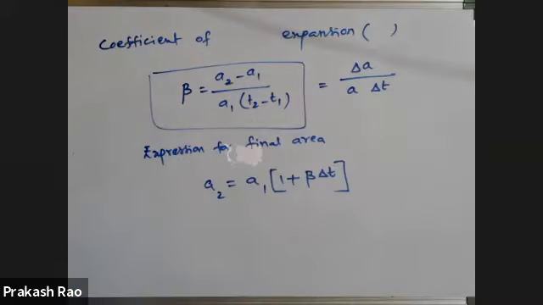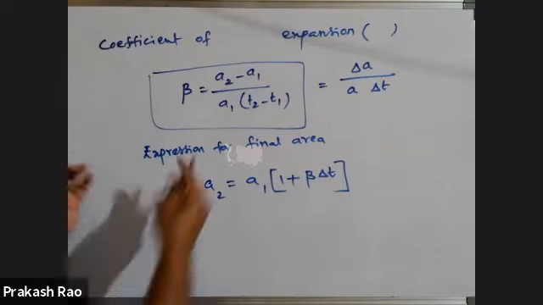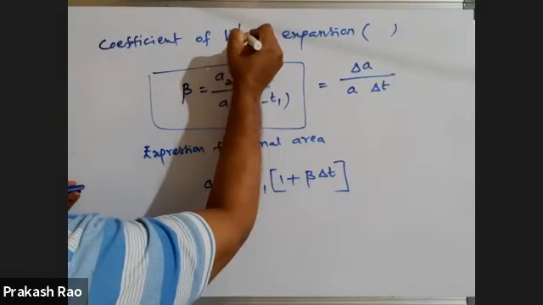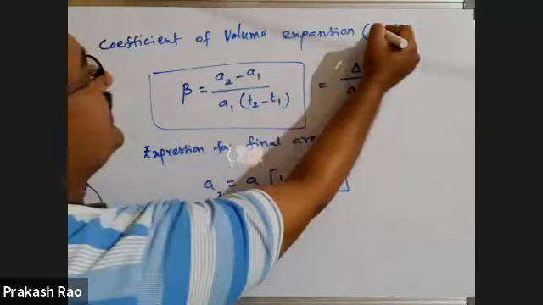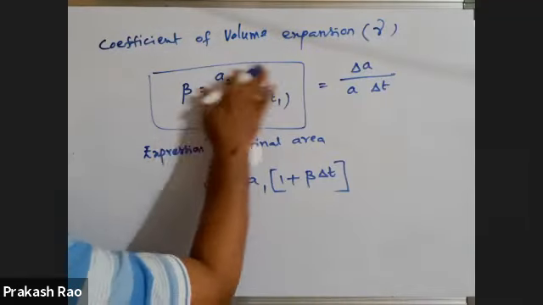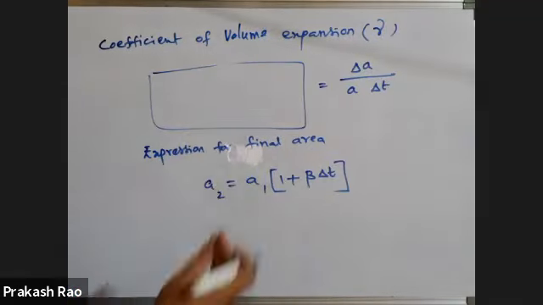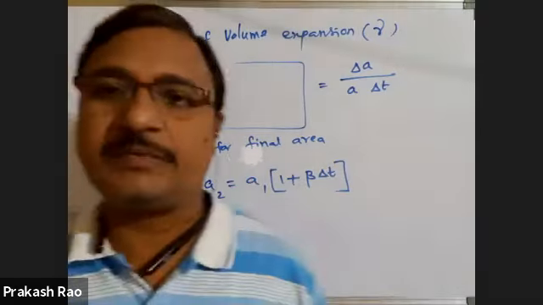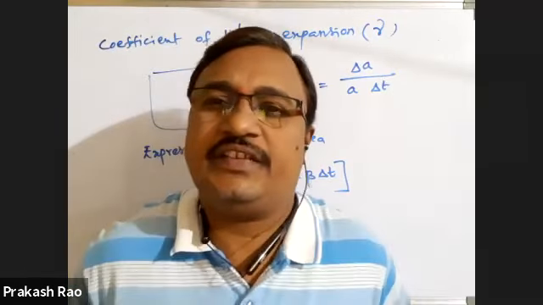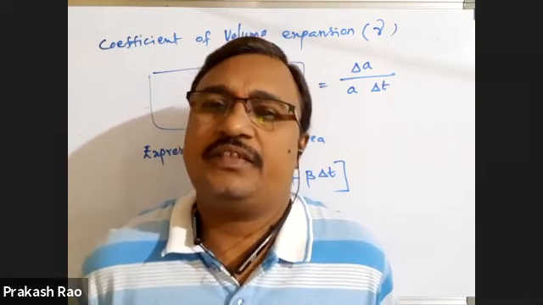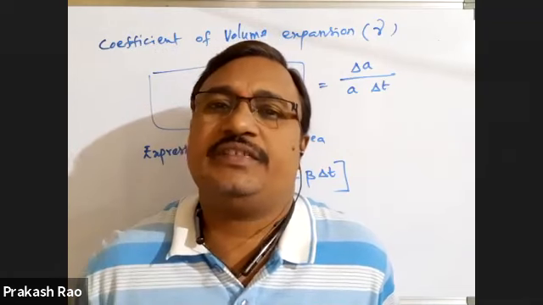Next, coefficient of volume expansion. It is denoted with the letter gamma. So when a substance is heated, its length changes, its area changes. Similarly, its volume also changes.